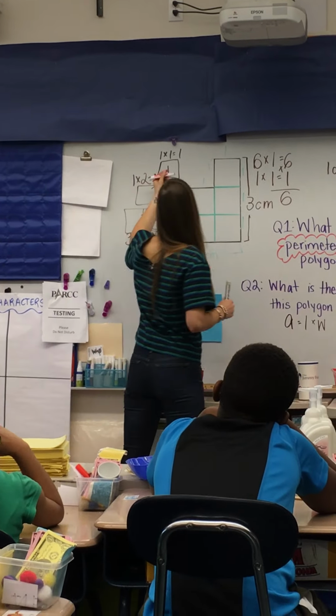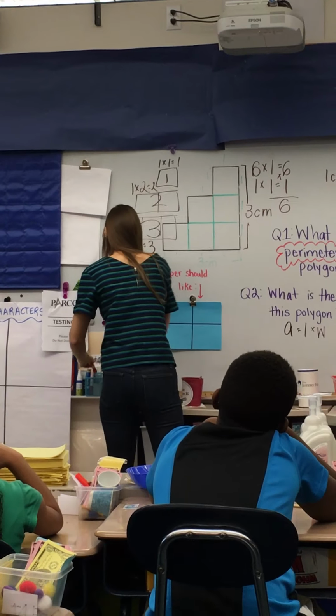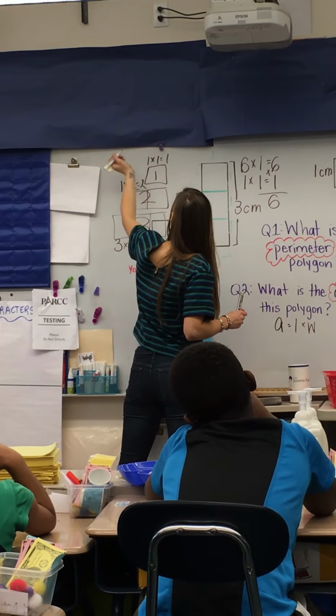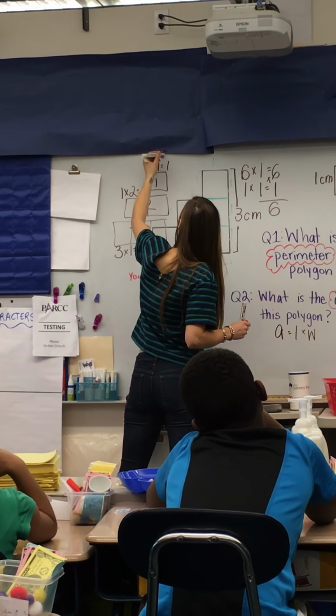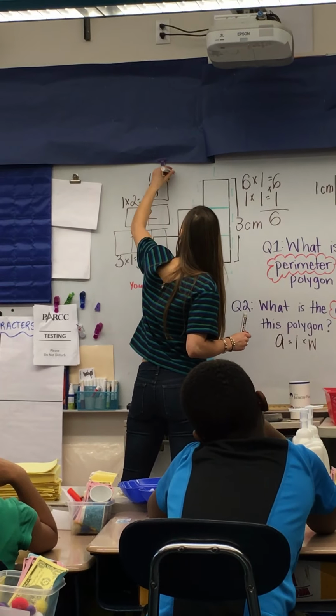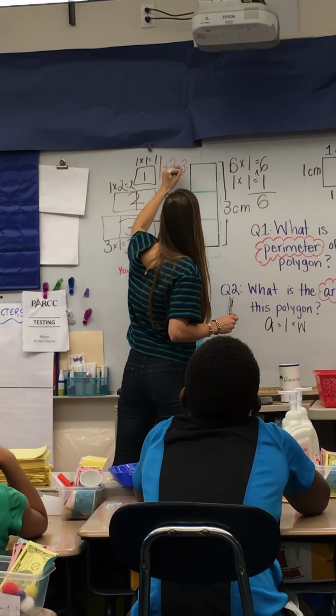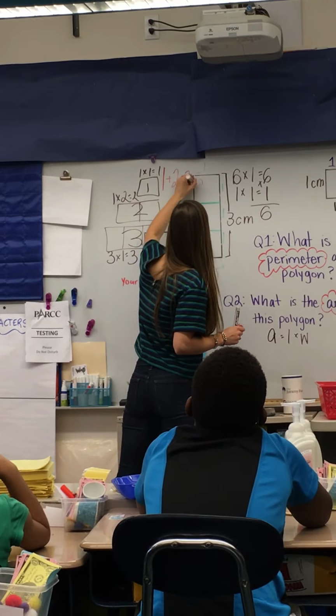And then she added all of the things that equaled each other together, and you got what? 1 plus 2 plus 3 equals what? 6 what?